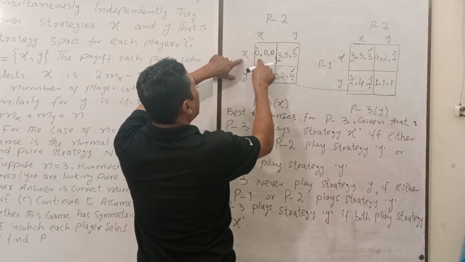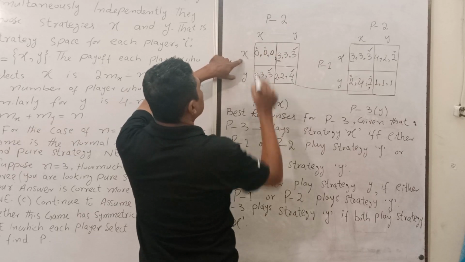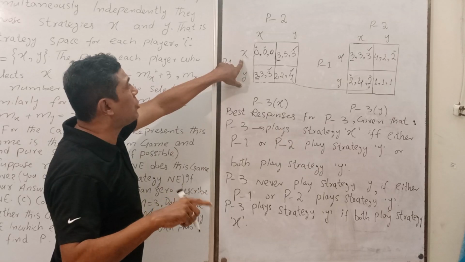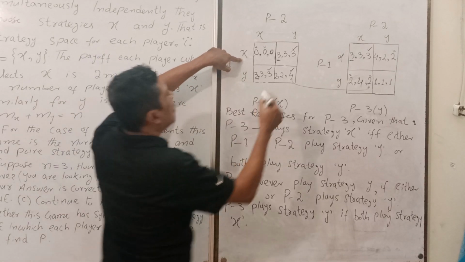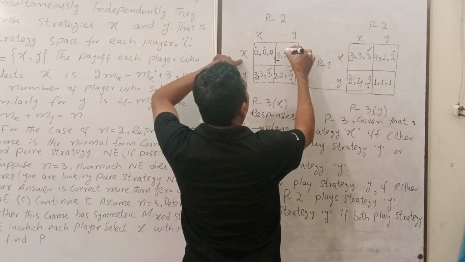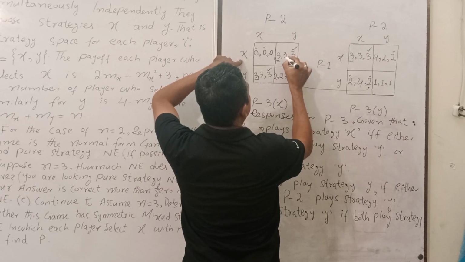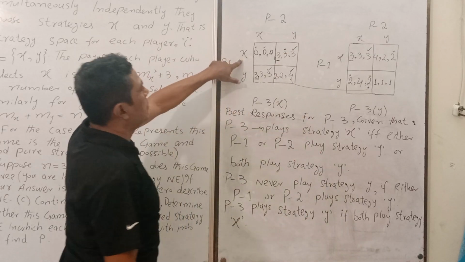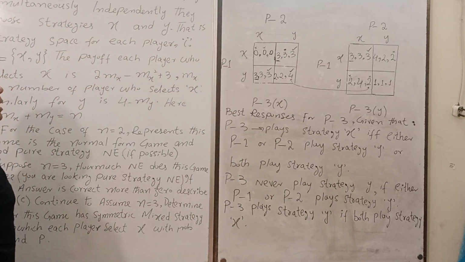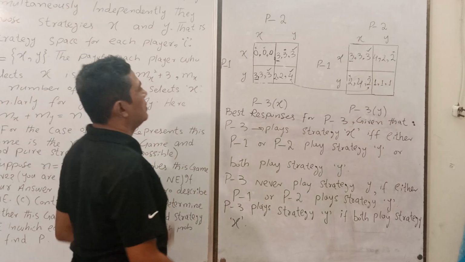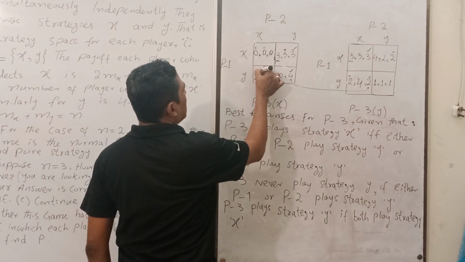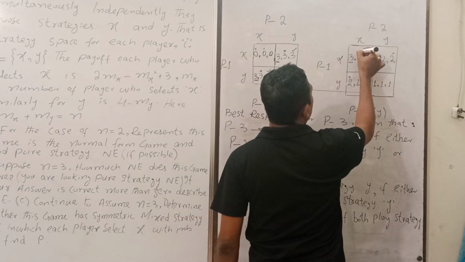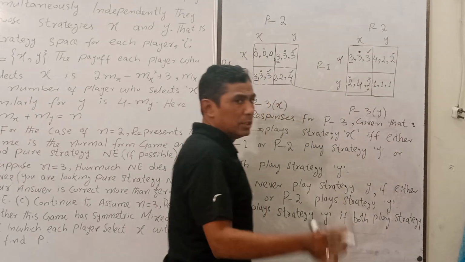P2 never plays X. When P2 plays X, P2 in this condition plays Y. Okay, I am marking here dot Y. And similarly, this one as well, and so on, this one as well. You can do it yourself.